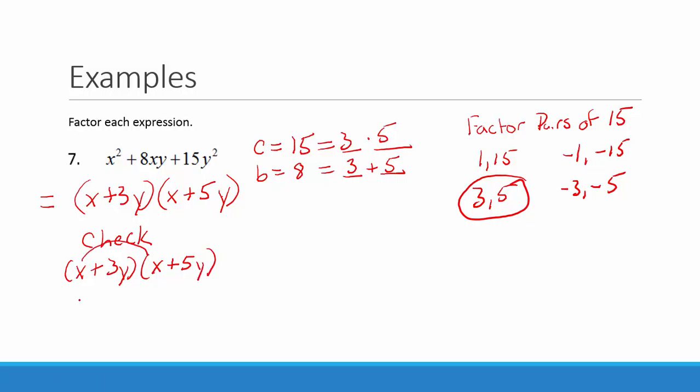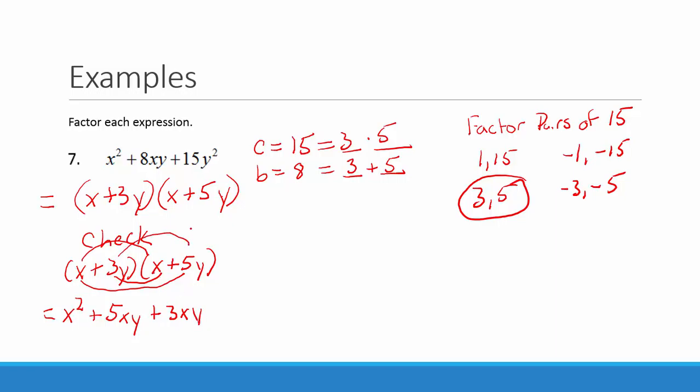X times x is equal to x squared. X times 5y is equal to 5xy. 3y times x is equal to 3xy.